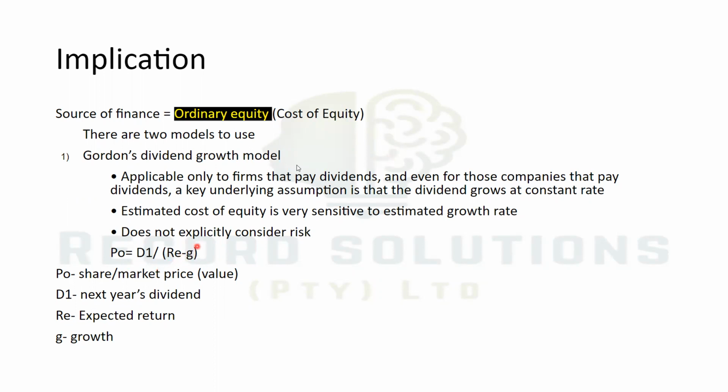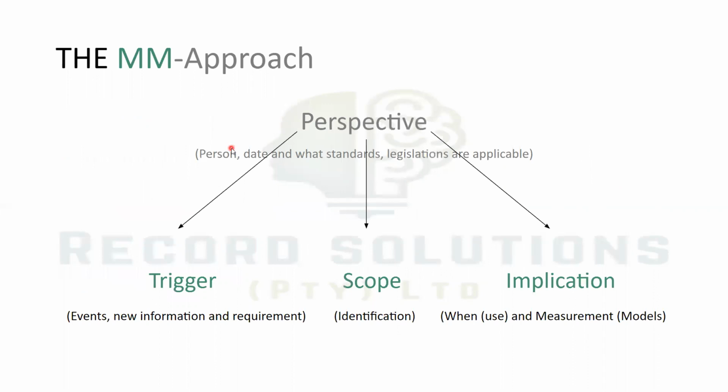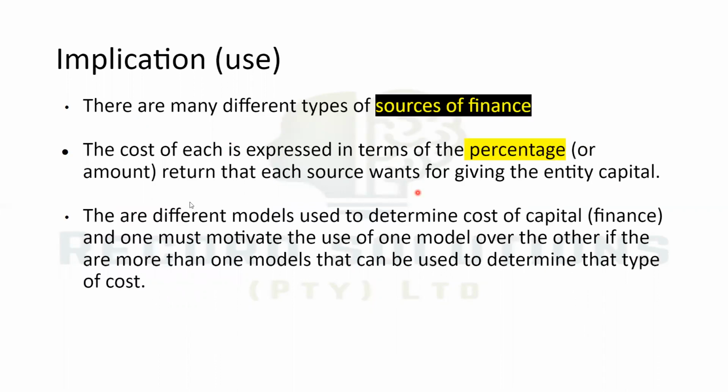The g is the growth. They will tell you what the growth is. And the Re is the expected return. For who? For the ordinary shareholders. And like I told you, the return for the ordinary shareholders, which is the source of finance, is a cost to us.